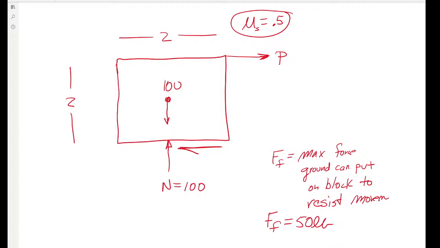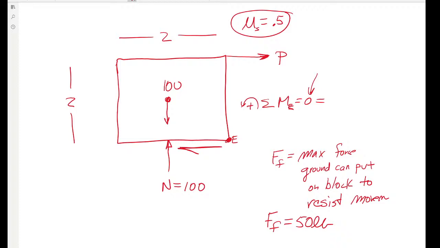Now, you got another issue. The other issue is this. If I went in right now and I sum the moments about, I'll call this point E. So let's sum the moments about point E. And in my standard method, I'll make that positive. Now, it's not supposed to be rotating, so it's going to be 0.